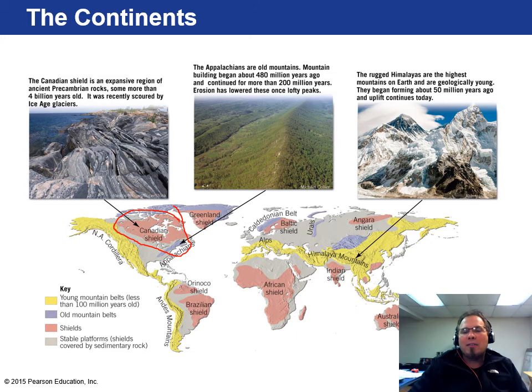That's why they're not as tall as, let's say, the Rockies, which are younger, or in an extreme case, the Himalayas here, which are the tallest mountains in the world, and they're still being actively pushed up. I just read a couple weeks ago that they took some new measurements with satellite technology, and they found that Mount Everest, the tallest mountain in the world, actually got taller.